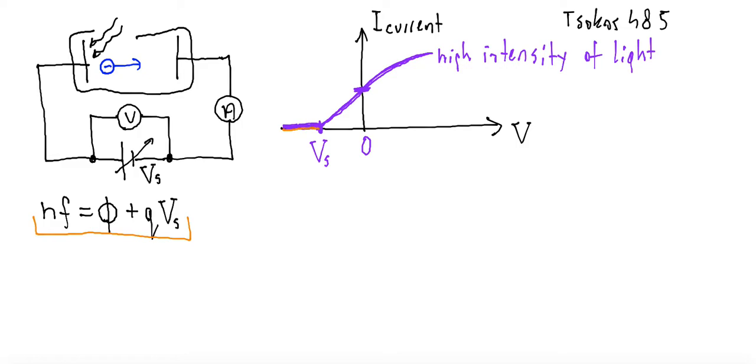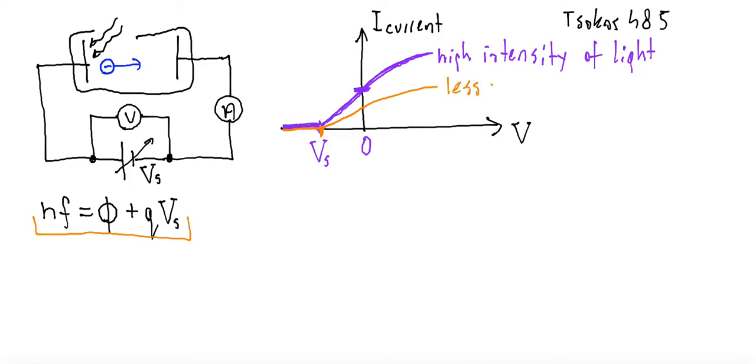For less intense light, we have the same stopping voltage, which means that current starts to flow in this circuit exactly above this voltage. But if light is less intense, then fewer electrons are emitted. If fewer electrons are emitted, we have less charge in the circuit in unit time. The same voltage and less charge means less current in the circuit.